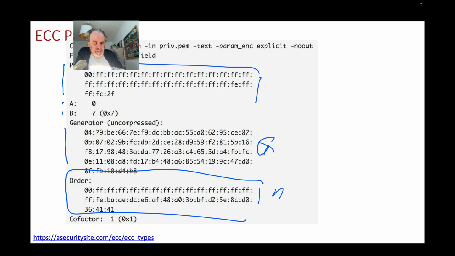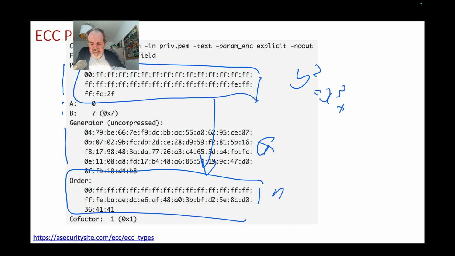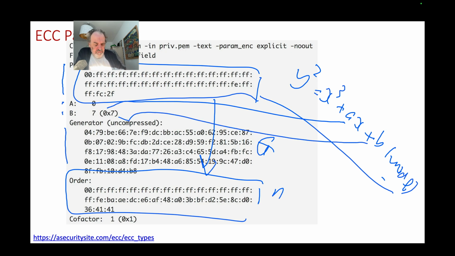So this is the maximum number of points that we could get, but this is the number that we actually get here. Okay, so when we look at our curve, this is what we have, mod P. So there's the value of P there, there's the value of A, there's the value of B, and so on.